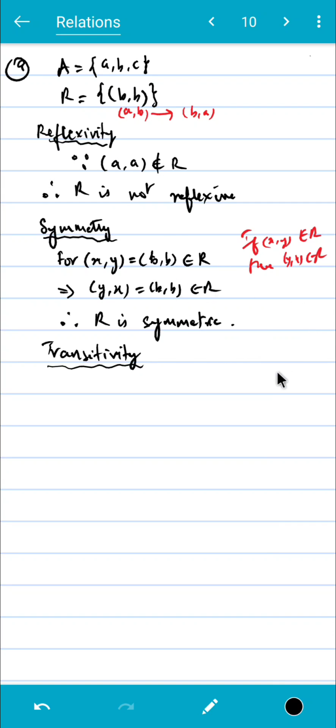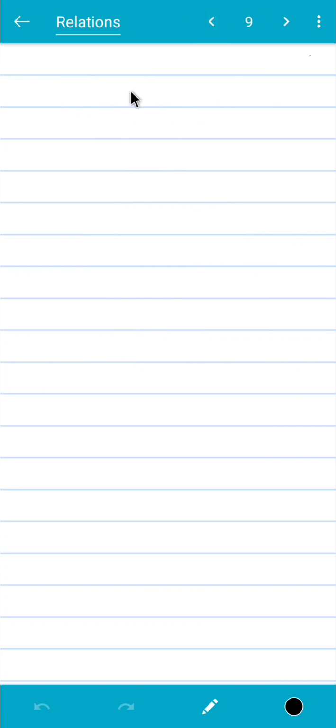You have in this set the element (B, B) only. Okay. So I think I better explain this properly. Suppose we take R = {(B, B)}, and what's the process of checking for transitivity?